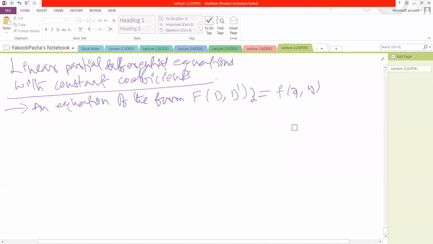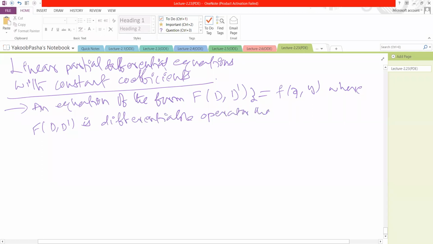An equation of the form f of (d comma d dash) of z equal to f of (x comma y), where f of (d comma d dash) is a differential operator.